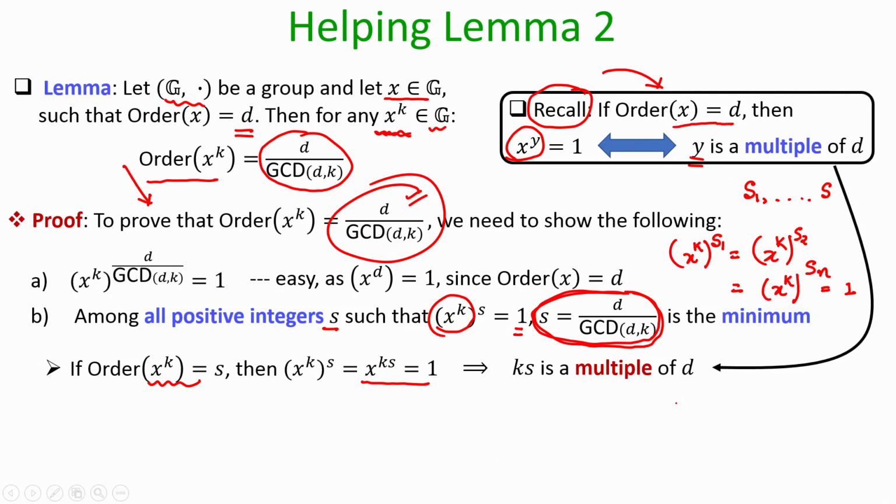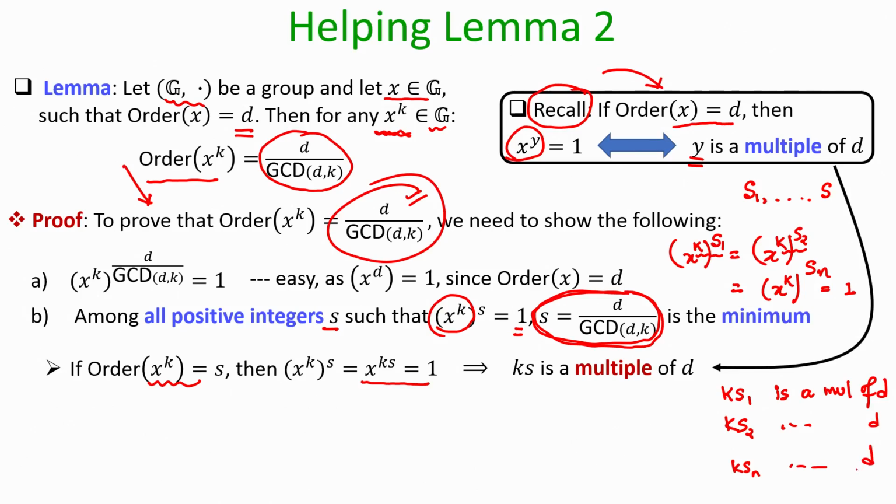In the same way, k times s1 is also a multiple of d, k times s2 is also a multiple of d, k times sn is also a multiple of d. So, what basically I am arguing here is that if x power k whole raised to power s1 is giving you 1, that means k times s1 is a multiple of d, k times s2 is a multiple of d, and like that k times sn is also a multiple of d, right.